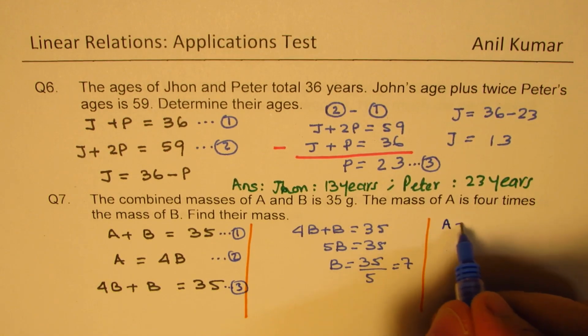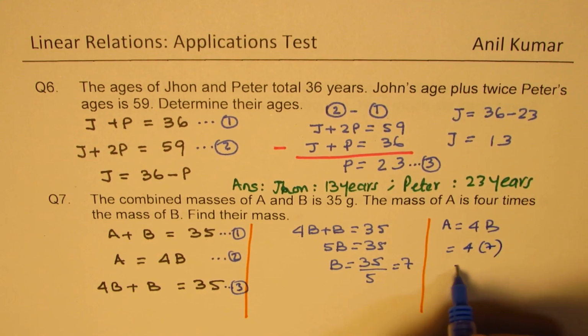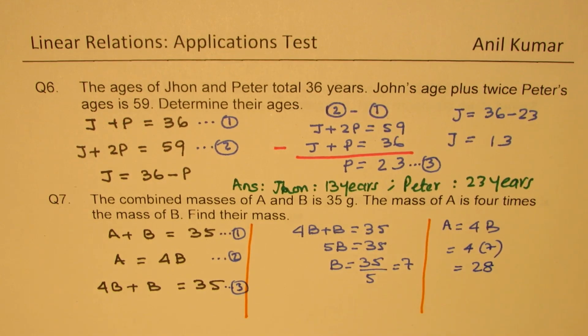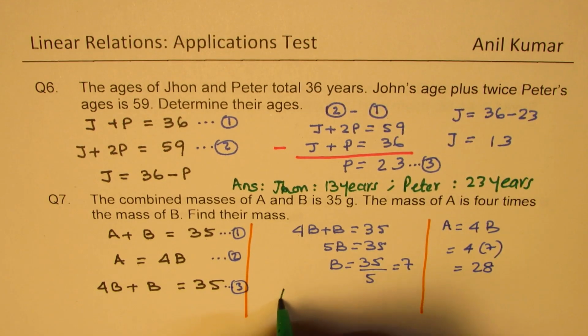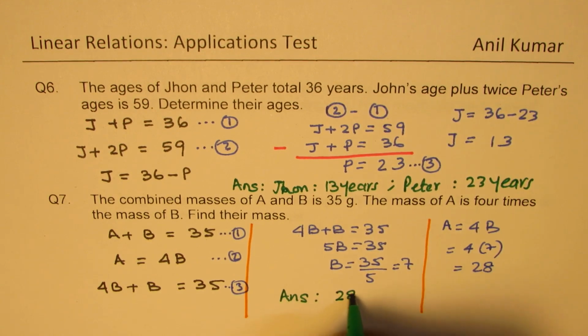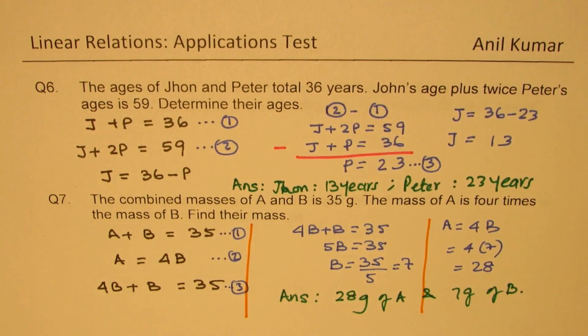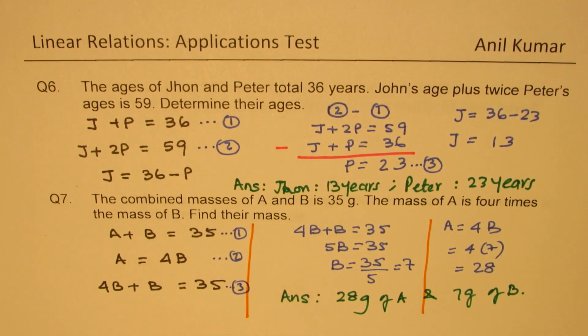So A is equal to 4 times B. So 4 times 7 is 28, correct? So we have our answer, and you have to include the units: 28 grams of A and 7 grams of B. Is that clear to you? So that's how we could do it.